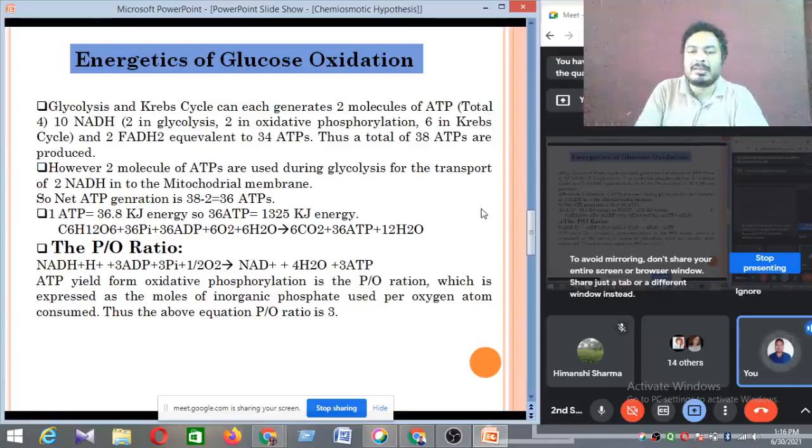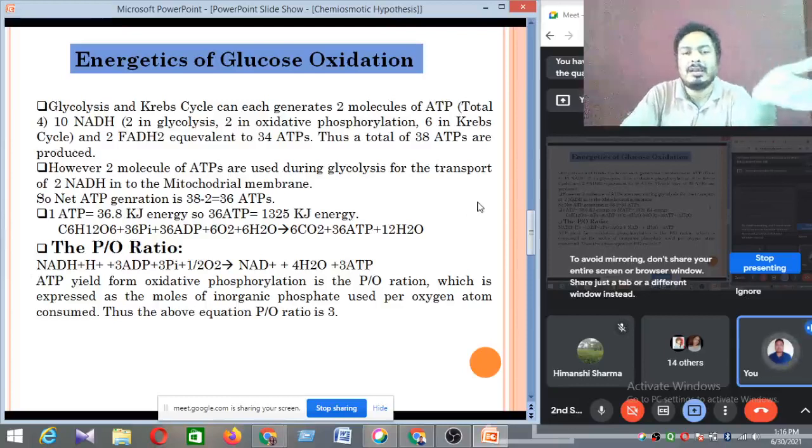What is the chemiosmotic theory? 3 marks, plus write in detail about the electron transport system, 9 marks. So 9 plus 3, total 12 marks. Or marks may vary from 2 plus 7, 9 marks: 2 marks for the chemiosmotic theory, 7 marks for the ETS. Or maybe 3 plus 9, total 12 marks. So this is about it.